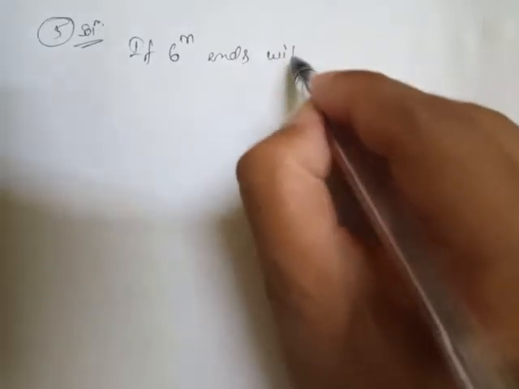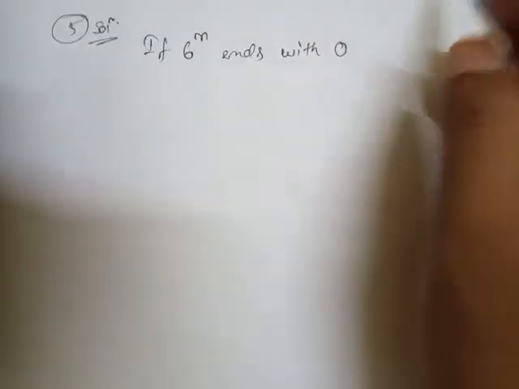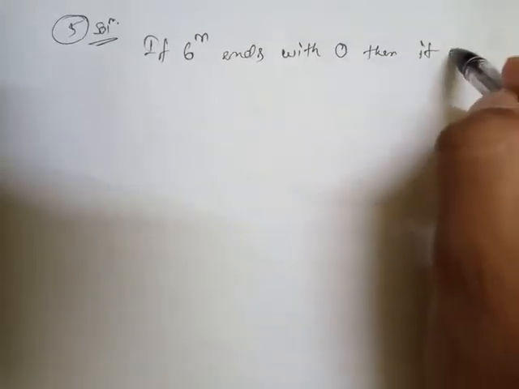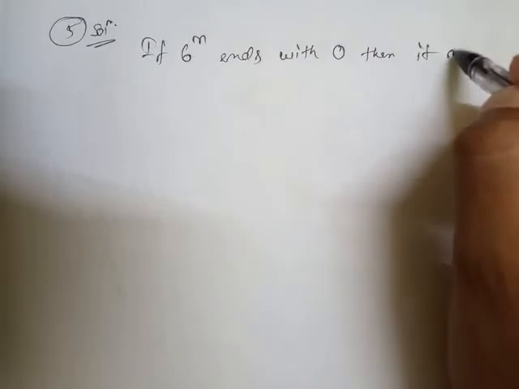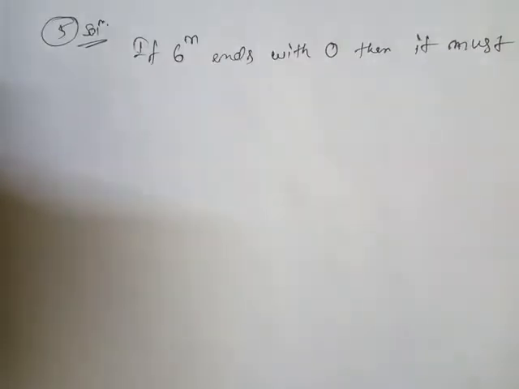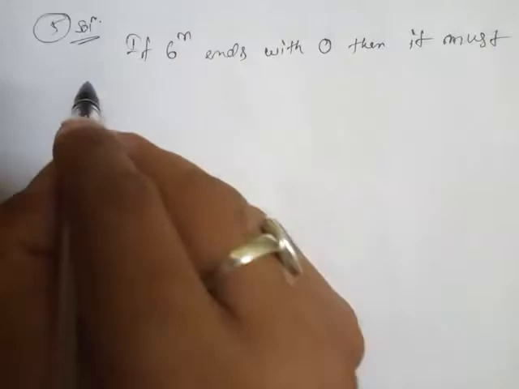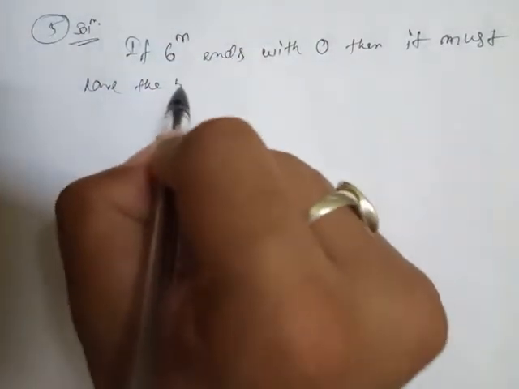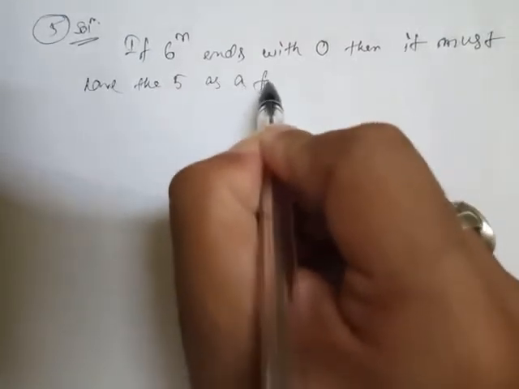First of all we'll write that if 6 to the power n ends with 0, then it must have 5 as a factor.